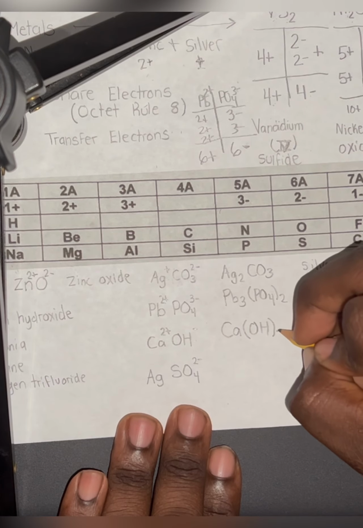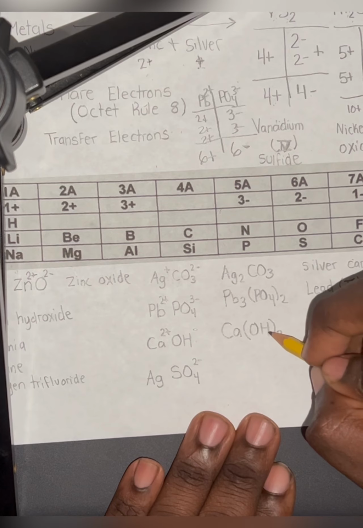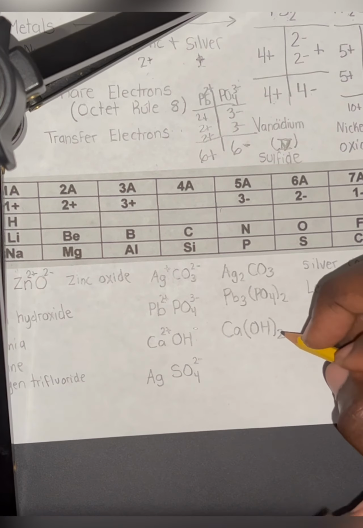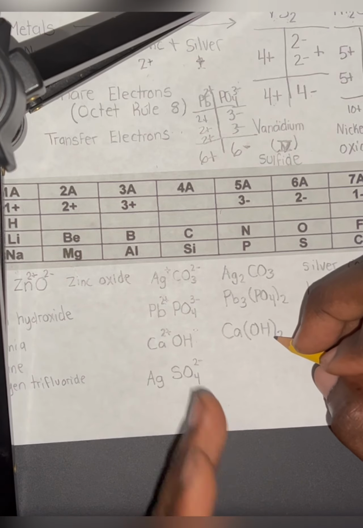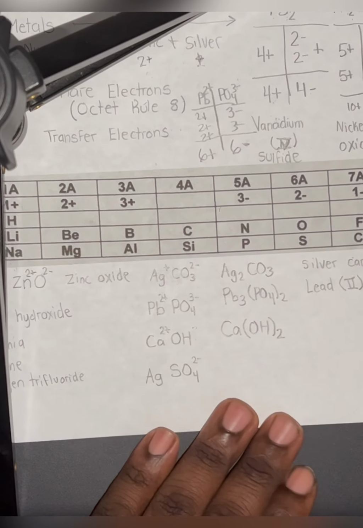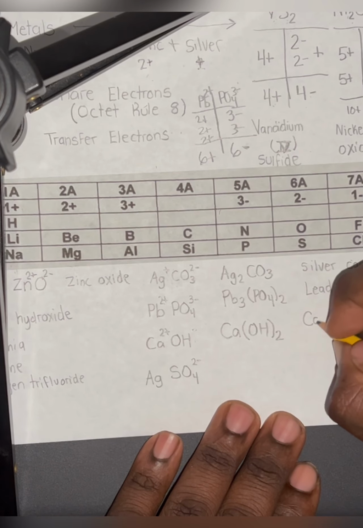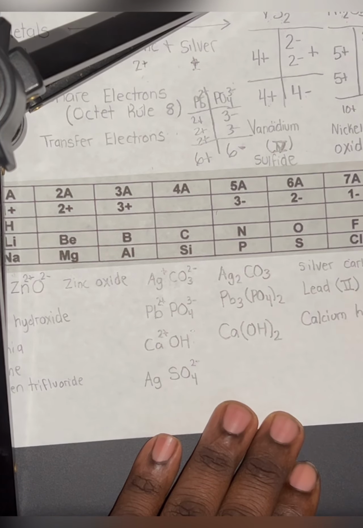So put in the parentheses, put a 2. I have to put it in parentheses because if I just put a 2 behind the H, that means the 2 would only be allocated to the H. But if I put it in parentheses, the 2 goes with both the O and the H. So the name for this would be calcium hydroxide.